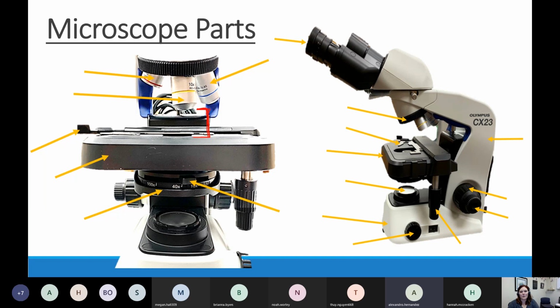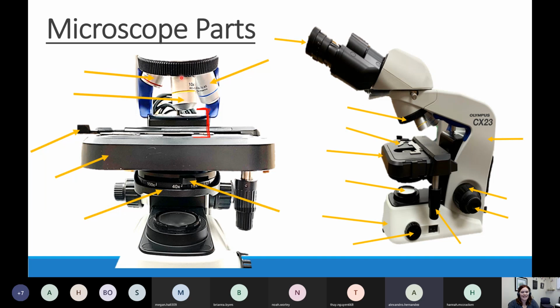The amount of space between the end of your objective and your slide that's on the stage. When we have different objective lenses in place, the size of our working distance changes. So my little 4x scanning objective over here, when I have that pointing down, lots of space. We have a big working distance.